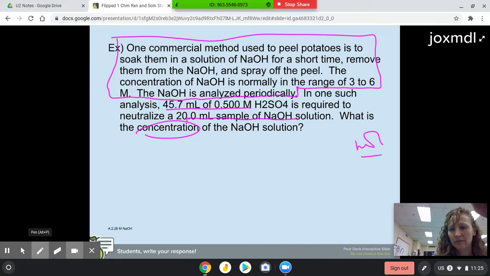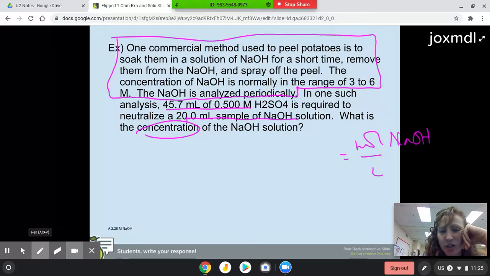What do I do with the 20 milliliters? I do the 45.7 milliliters times the 0.5 moles per liter, but what do I do with the 20 milliliters? If you start at the end, what's the concentration of NaOH? Concentration is going to be in moles per liter or grams per liter. Moles is going to be easier for us because we are dealing with a reaction.